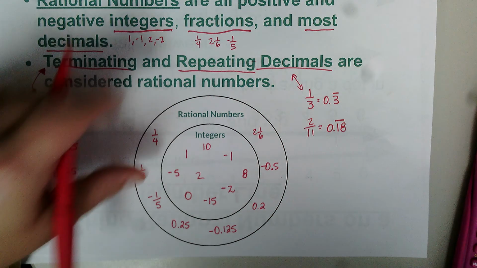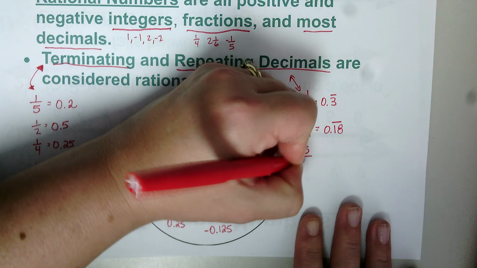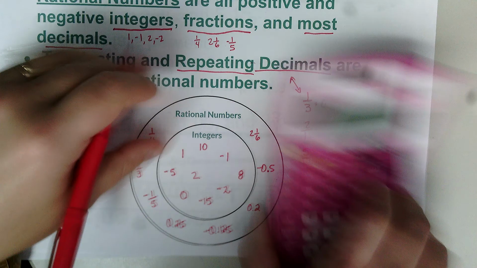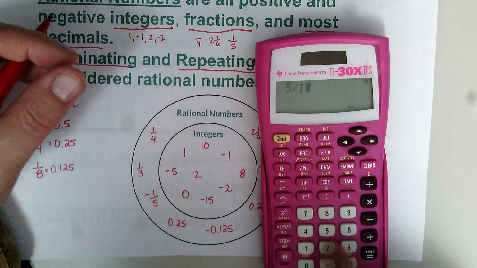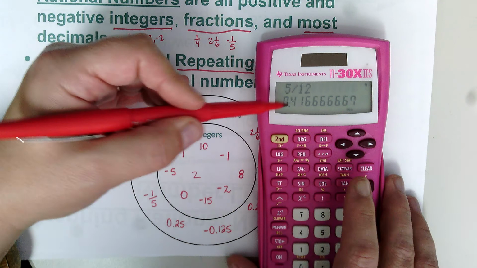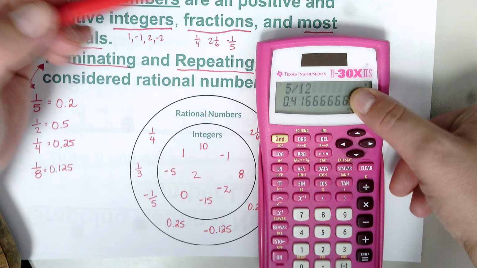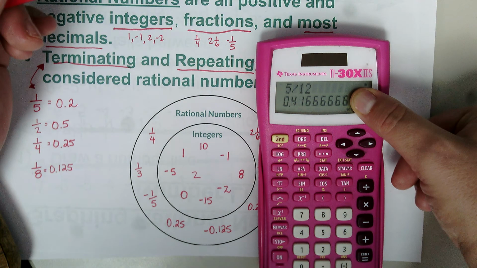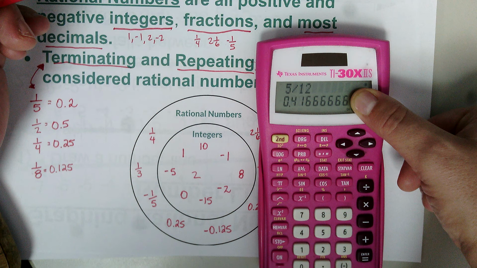Okay, let's look at the fraction 5 over 12. If you put 5 over 12 into the calculator, 5 divided by 12, okay, it also is 0.41666666, and that 7 just rounds up, so let's just look at it this way. Does this have a pattern? Is it repeating? What repeats? Okay, so I hope you said that the 6 is what's repeating.